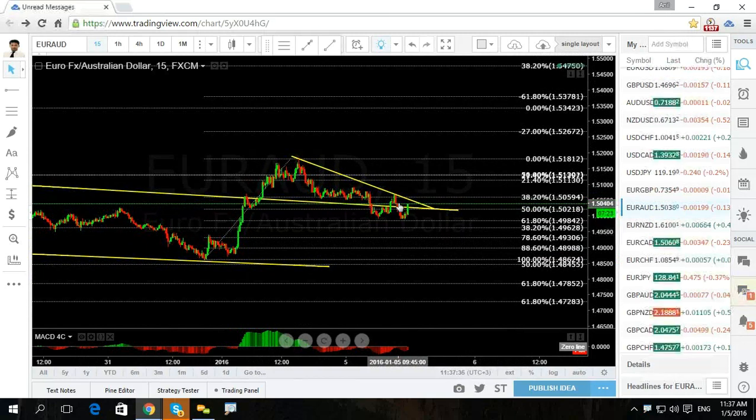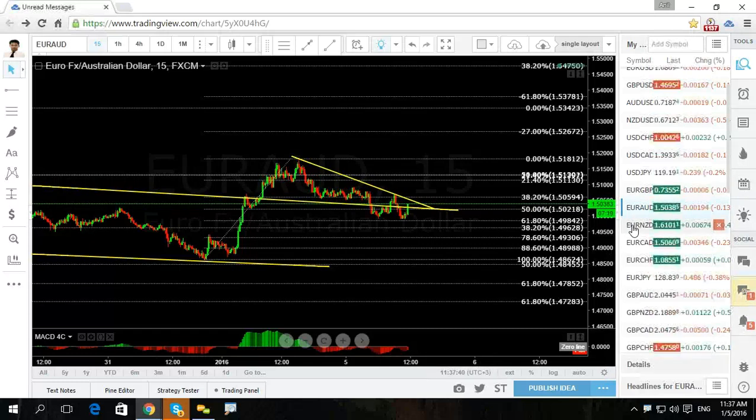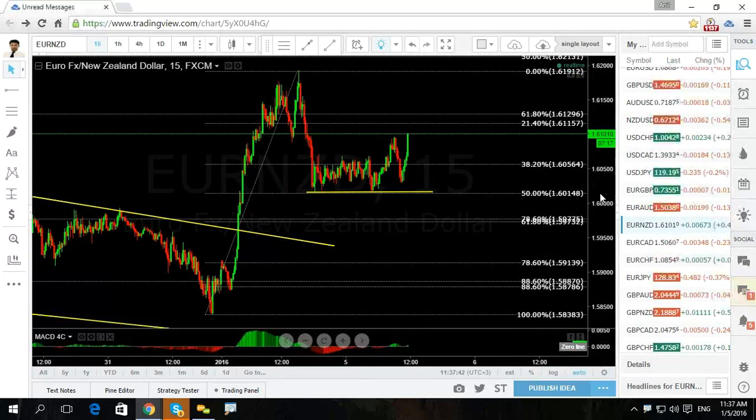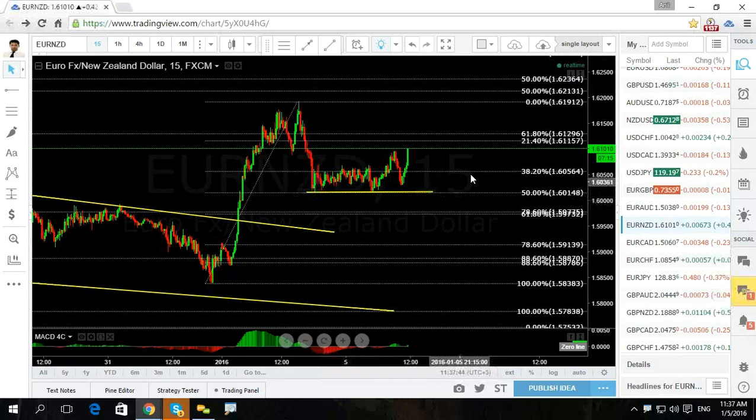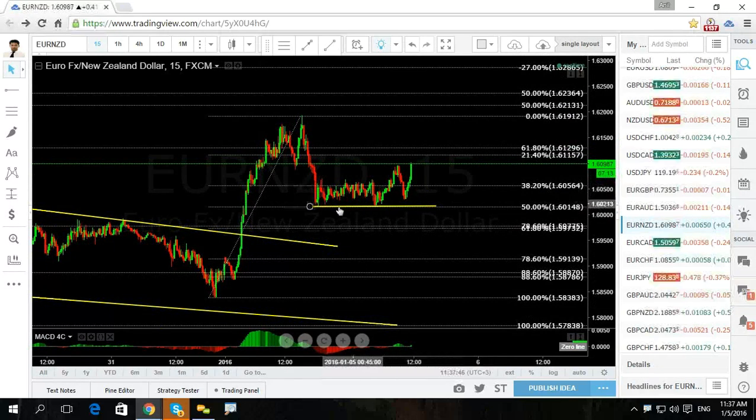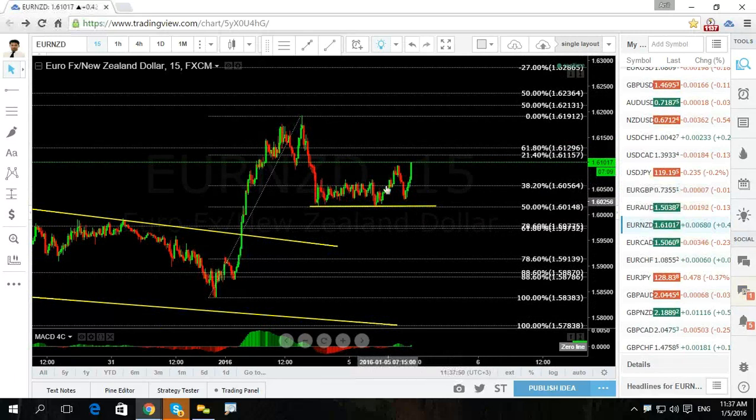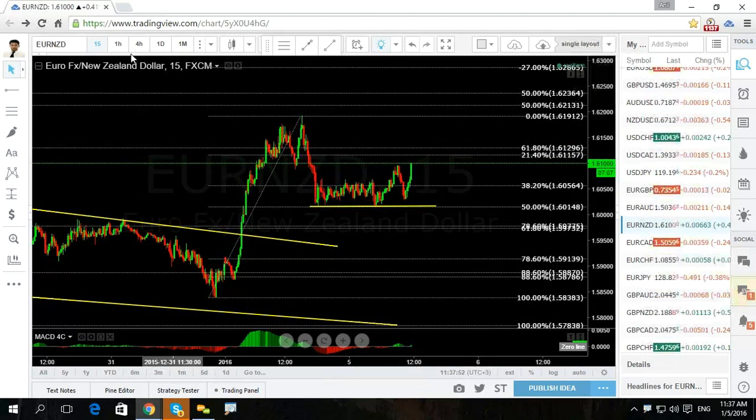The Euro Aus, the Pung Aus, probably Euro New Zealand. Let's look at it, see if it's ready to go. Euro New Zealand, very bad setup. It's probably going to go, but you see this thing is pretty flat at the bottom here. So I don't have a buy setup, although I think it is going to go.